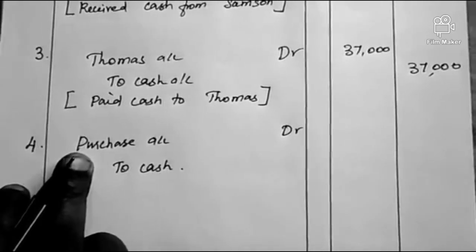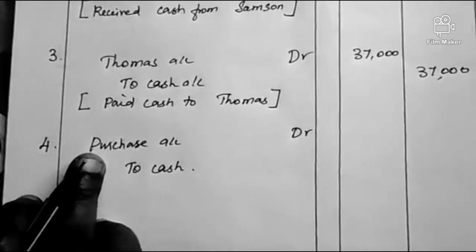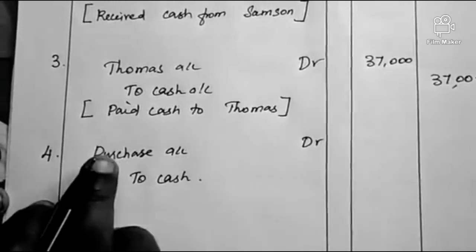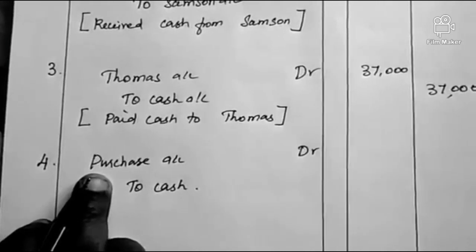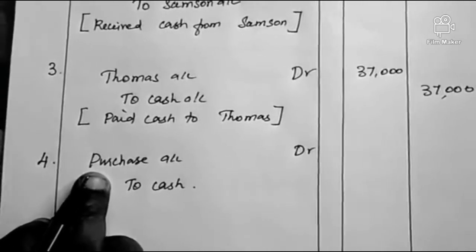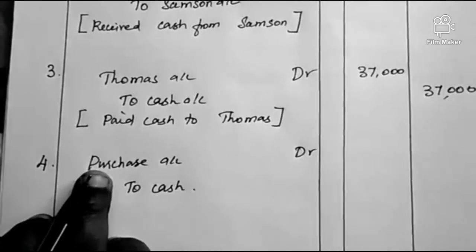Okay, when you purchase goods, what comes in? Goods comes in, no. But they didn't mention the name of the goods, so you have to write purchase. Purchase account debit. Purchase is a real account because all assets, cash and goods, are real accounts. So when you purchase any goods, goods comes in.